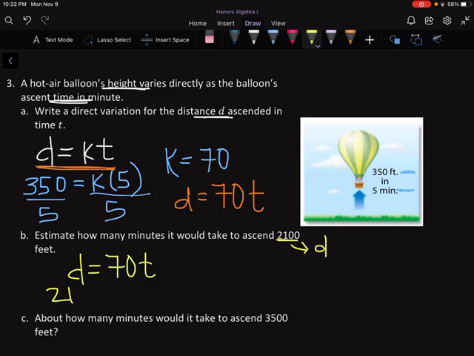D, they say, is 2,100. 70t, divide by 70. So t is equal to 30 minutes.